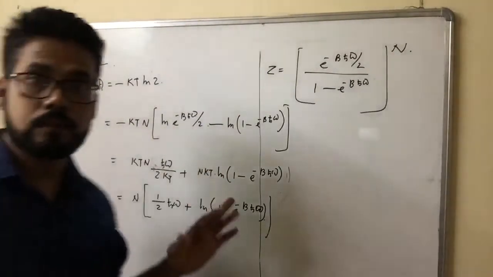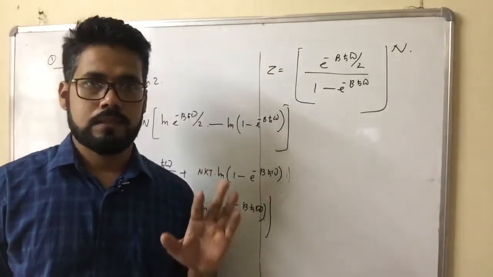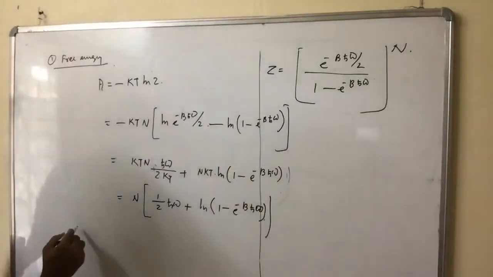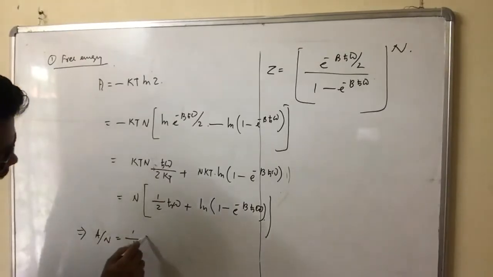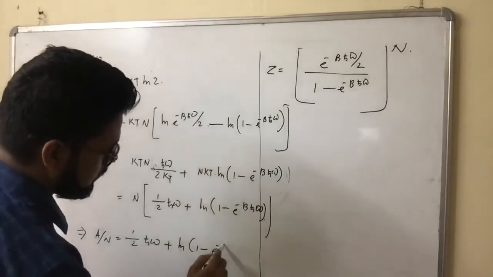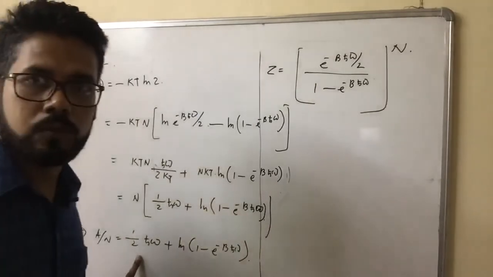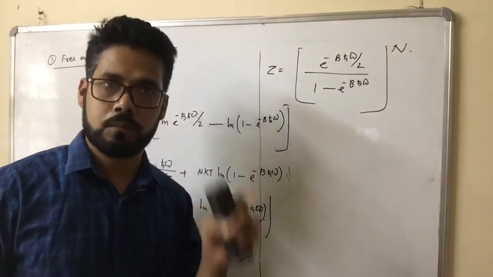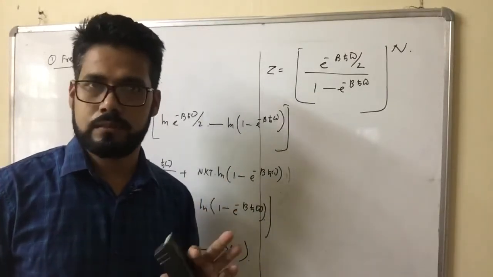In the last NET exam, the question was: what is the average free energy of a one-dimensional harmonic oscillator? So the average free energy, A by n, equals half h cross omega plus ln of 1 minus e to the power minus beta h cross omega. Half h cross omega is the zero-point energy.